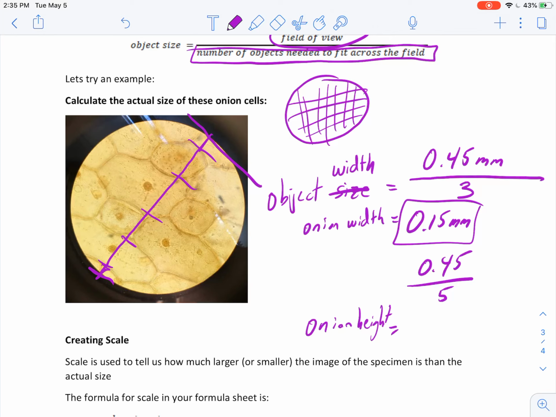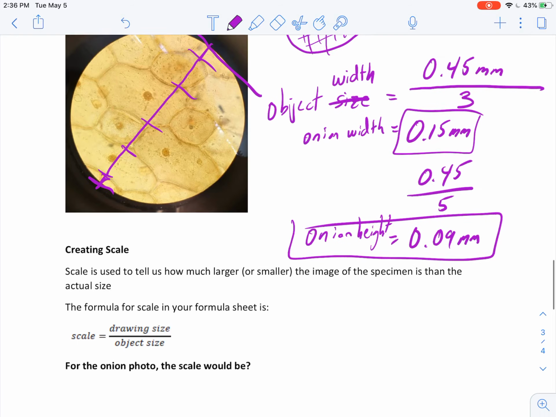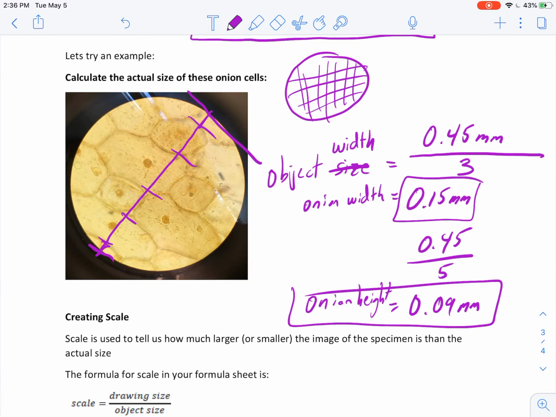And that height would be 0.45 divided by 5, 0.09 millimeters high. Now that's only if these were actual numbers. I just made these numbers up. Okay, so that's what the point of finding field diameter is, to eventually find your object size.